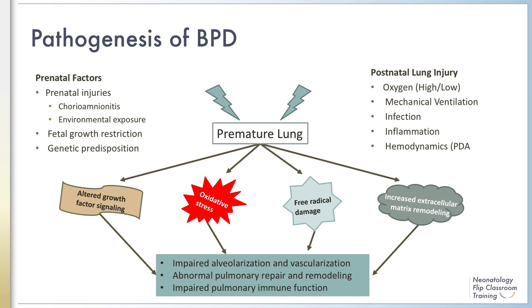This includes prenatal factors such as prenatal infection, inflammation, fetal growth restriction, and genetic predisposition, and a series of postnatal injury factors that lead to oxidative stress, free radical damage, altered growth factor signaling, and extracellular matrix remodeling. As a result, there is a delay or arrest in the development of both alveoli and the lung vasculature, altered pulmonary repair capacity, and impaired pulmonary immune function.